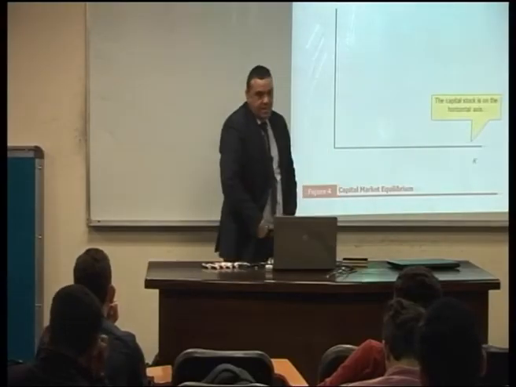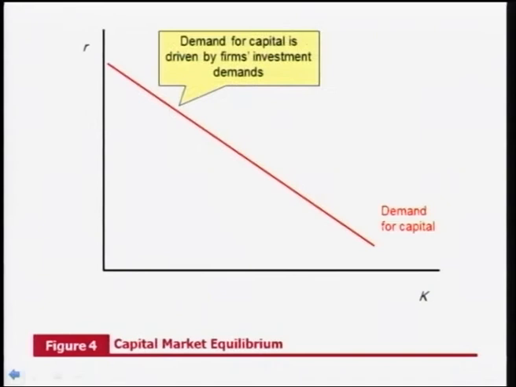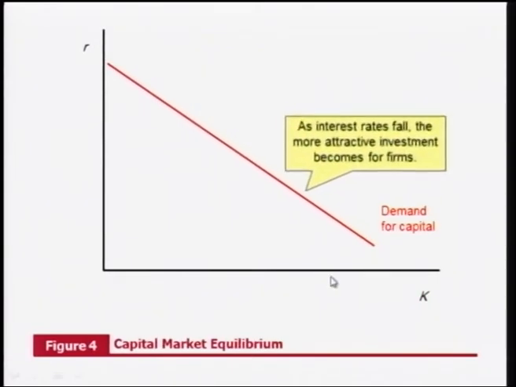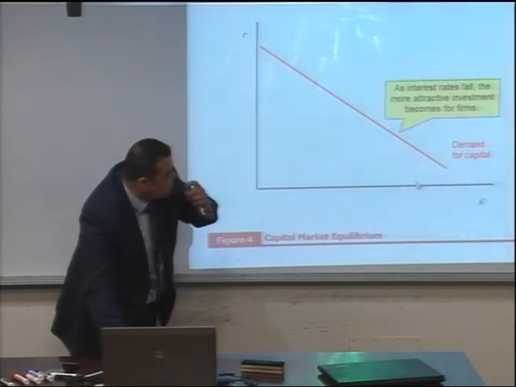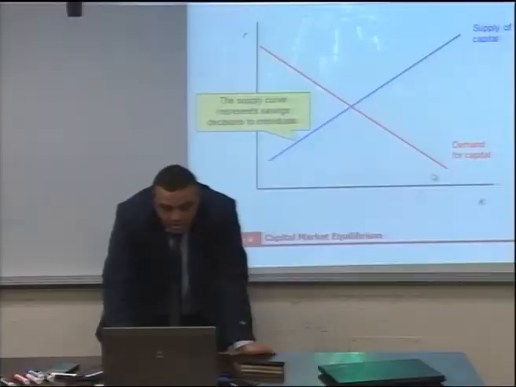Here we have this graph. On the horizontal axis we have the capital stock, as we mentioned, and on the vertical axis we have the interest rate. Demand for capital is driven by the firm's investment, with a negative relationship to the interest rate, which represents the cost of borrowing. As the interest rate falls, investment becomes more attractive for the firm.